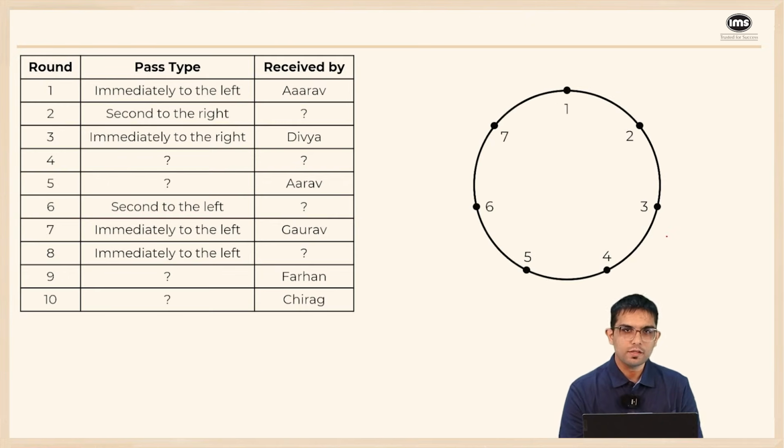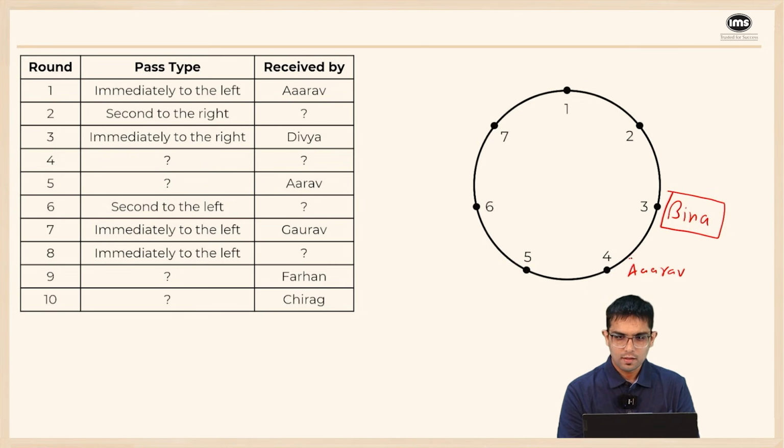Now if we try to solve this set, this is a very straightforward set. So let us assume that Beena of course has to start. So Beena is in, let's say, seat 3. I'm just assuming that number. Now she is passing it to the left, immediate to the left. So seat 4 has to be Arav, and he is getting it in round 1.